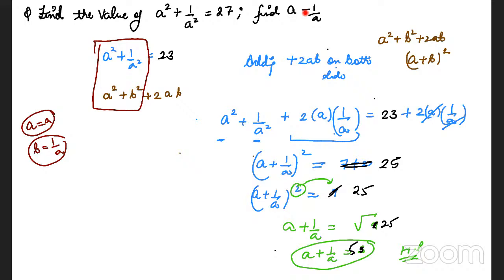Yes, Johan. What's the answer? 5. Okay. What did you do, Johan? How did you get 5? Sorry, I made a mistake. Did you add plus 2ab on both sides? You did this step?